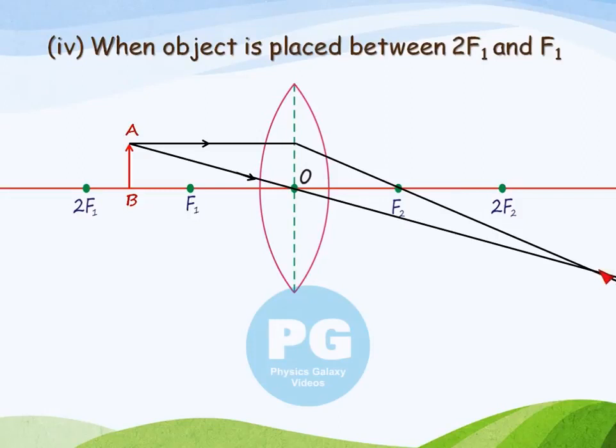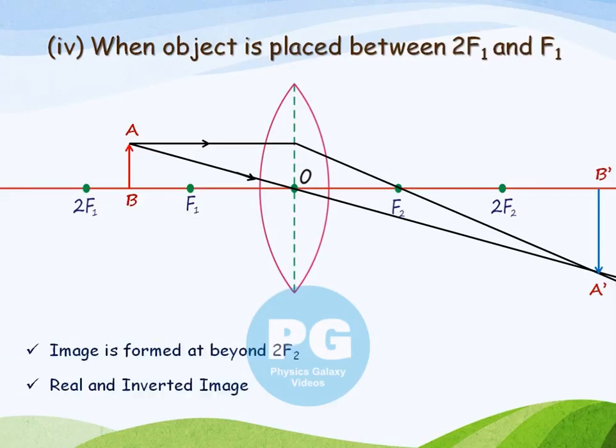We name this point as the image of point A, that is A'. And now we join this point perpendicular to the principal axis, and we draw A'B', that is the image of object AB. The image is formed beyond 2f2. It is a real and inverted image, and it is magnified, that is larger than the object.